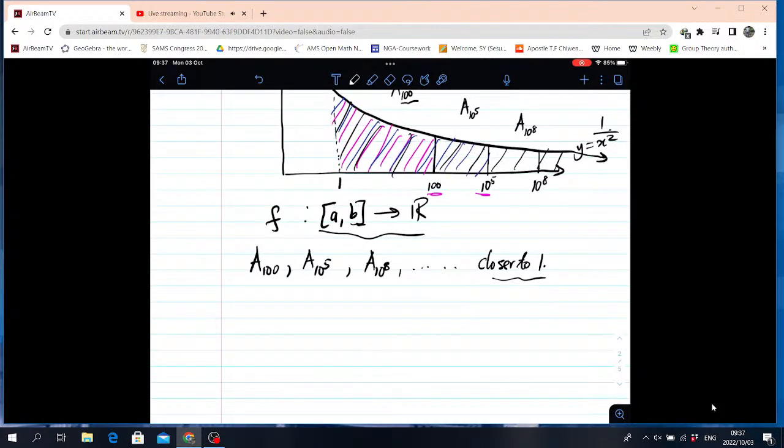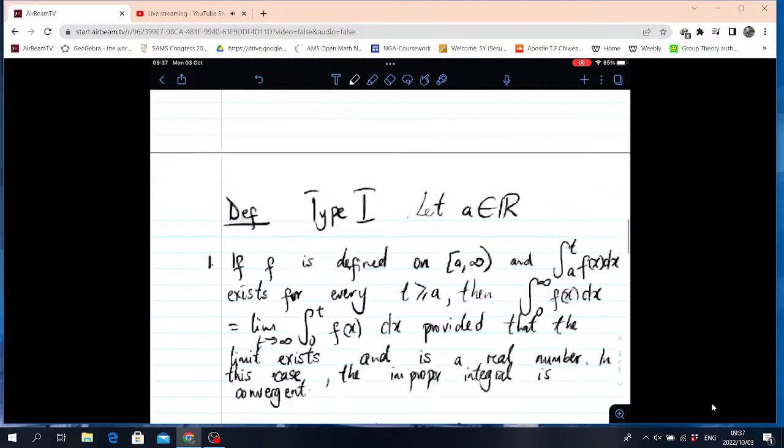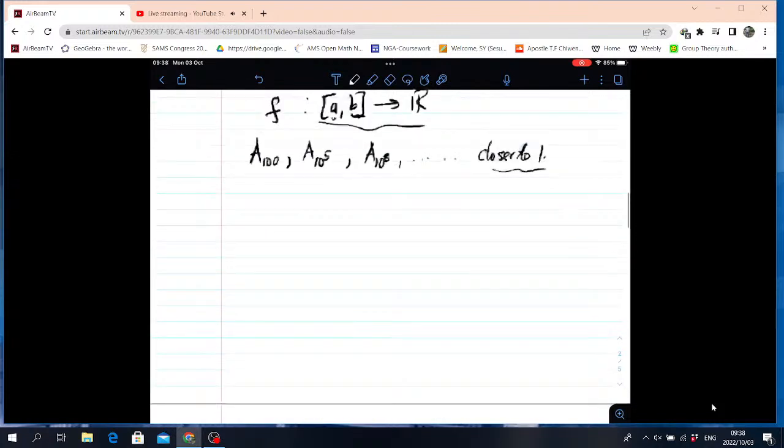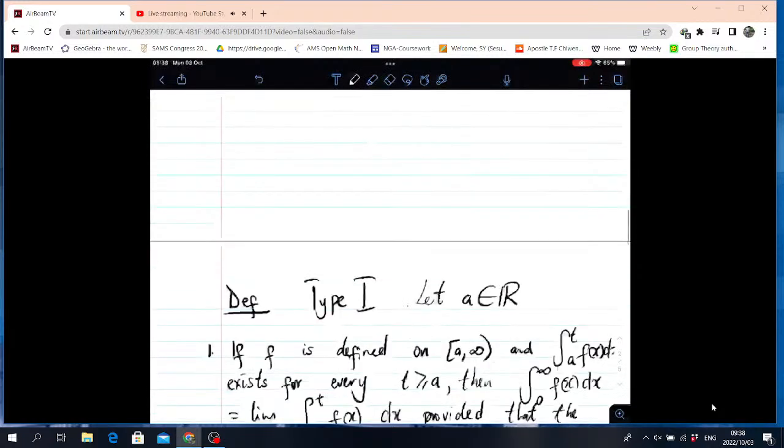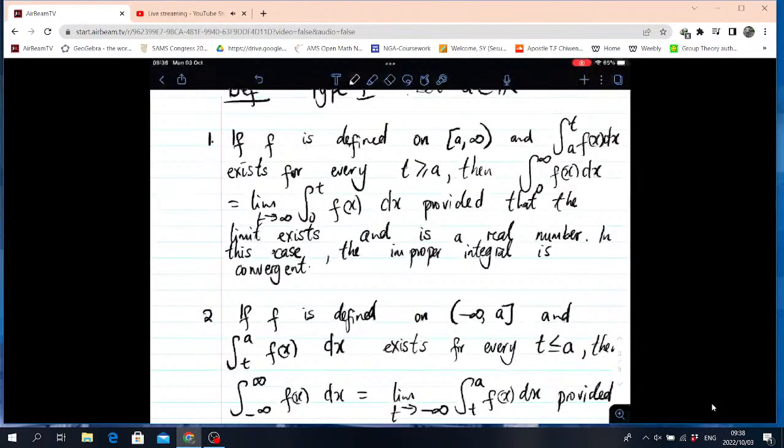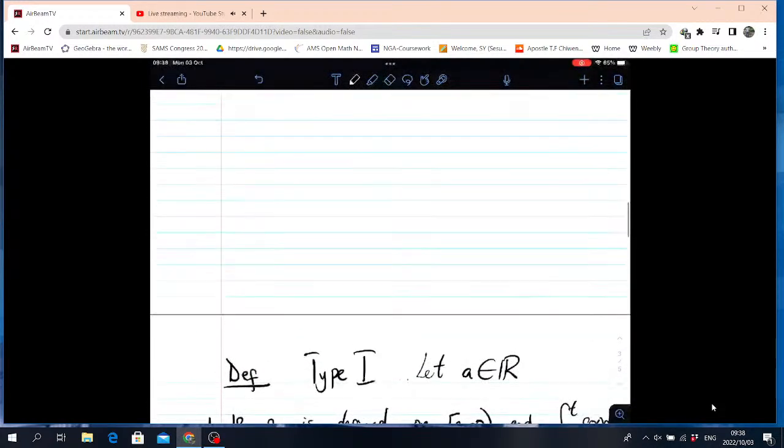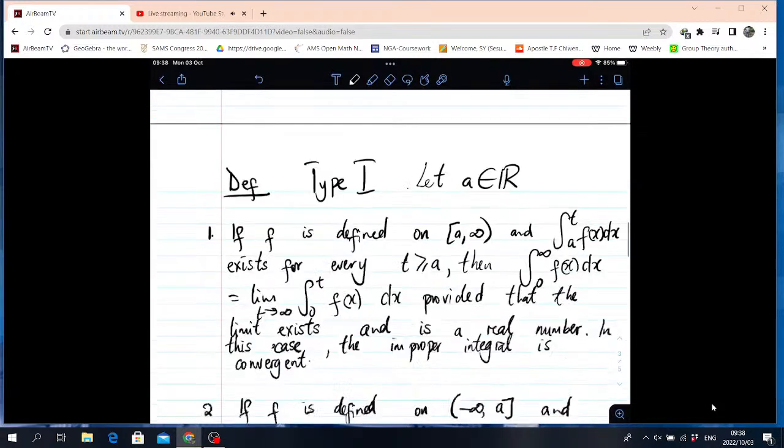Well, in both cases, the set will not be closed and bounded. But what changes is, in this case, instead of having a b there, we've got infinity. That is type 1. Or instead of having an a, we've got minus infinity. That is part of type 1. And then we'll talk about discontinuities within the interval that we are given. That will be type 2, maybe tomorrow or late in the lecture.